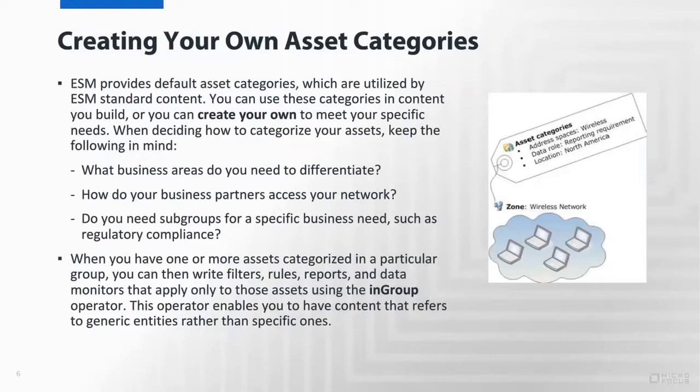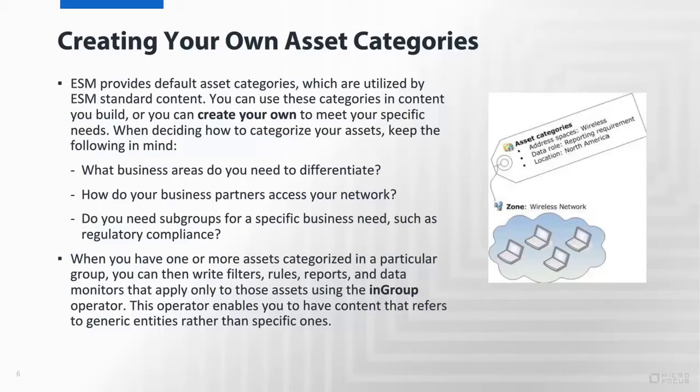So asset categories can be created using the CCE in order to create the asset categories within the tree structure, and ultimately then associate the asset categories to your zone, your asset range, your asset group, your asset individually.